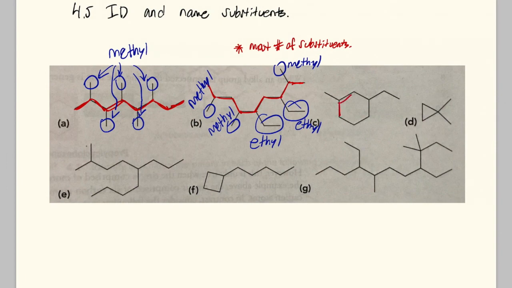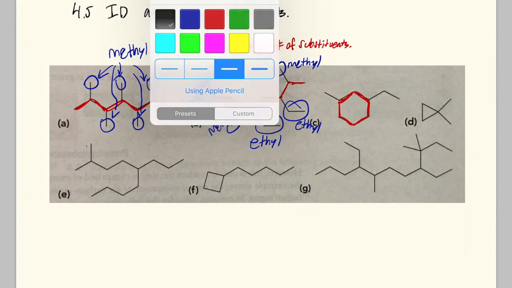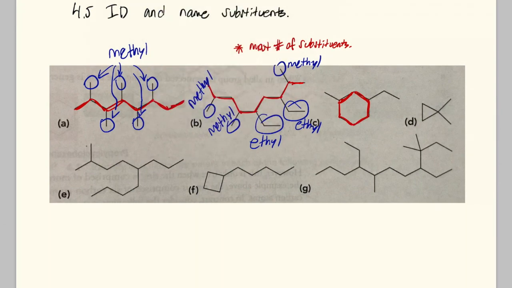Part C. The longest chain is going to be right here. And as I've been discussing in some of my other videos, you don't want to select any of the carbons that are highlighted red, only the side chains. So we have a methyl group, we have an ethyl group.